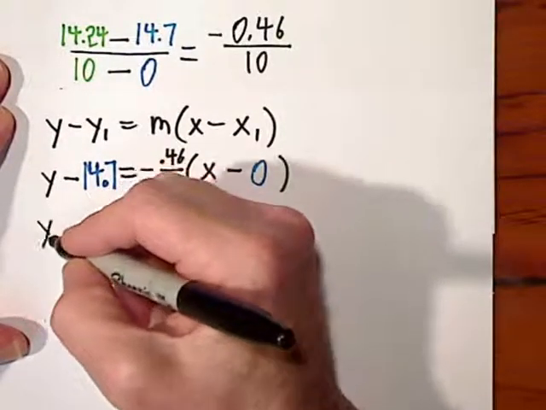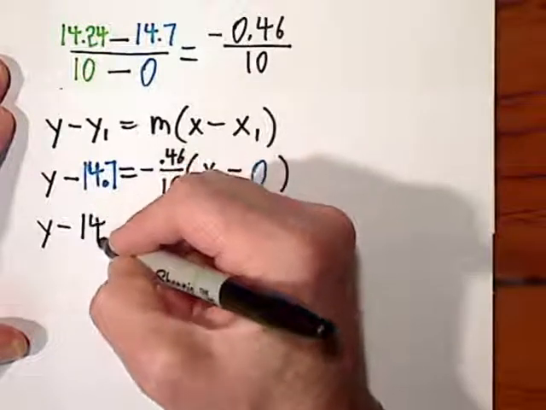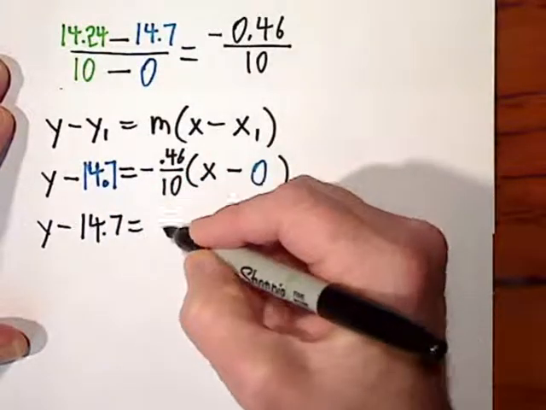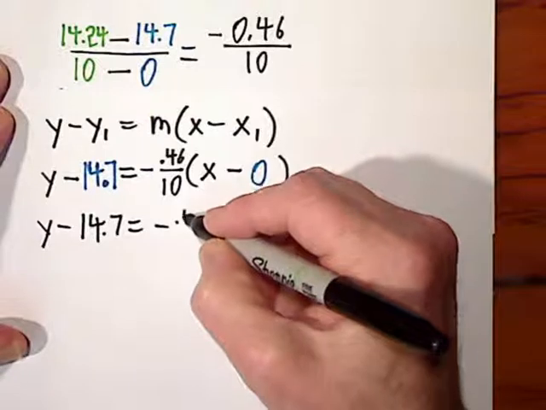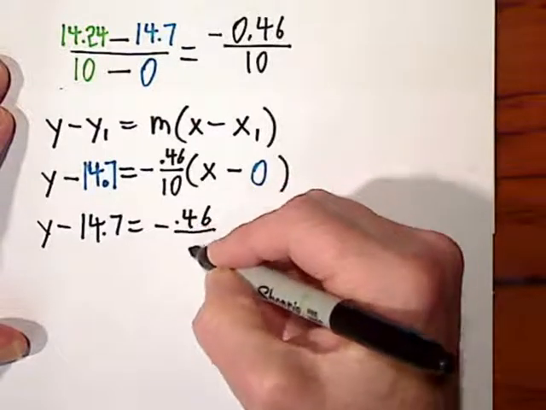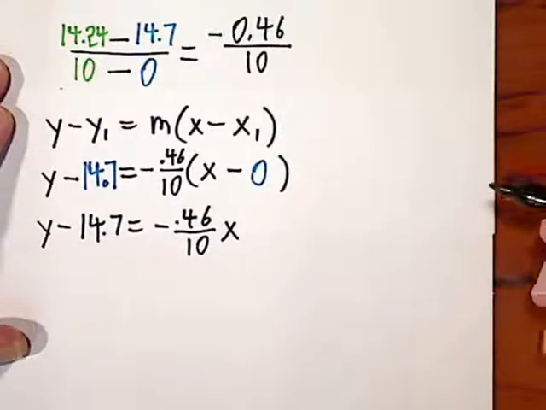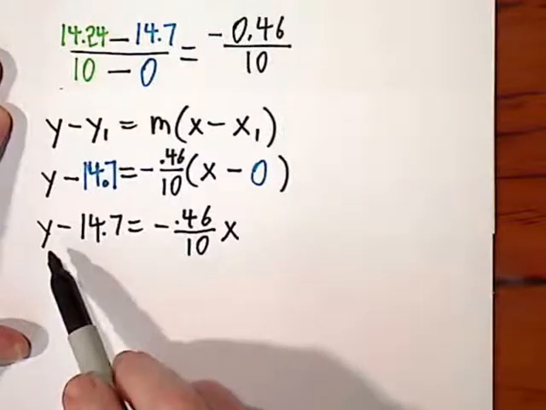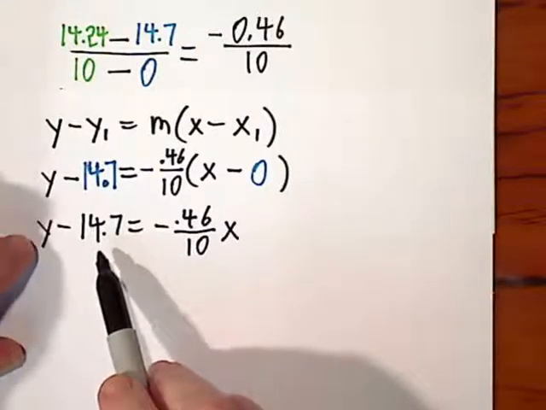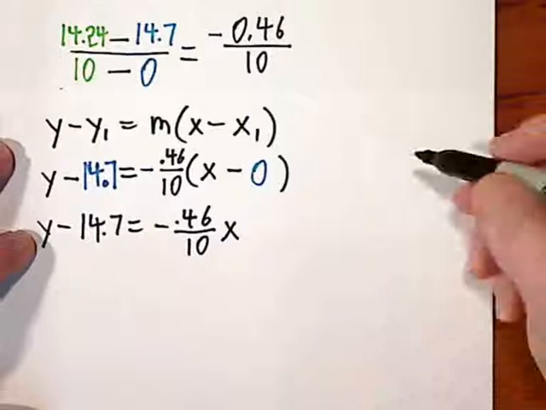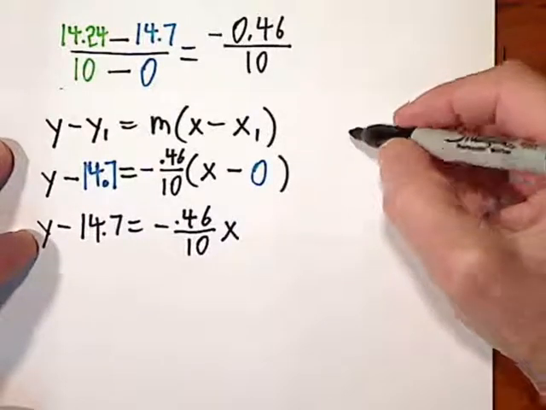So we have y minus 14.7 is equal to a negative 0.46 over 10 x. Now that's looking rather strange. All right, we want y by itself, essentially, because what I want to do is get this in slope-intercept form.